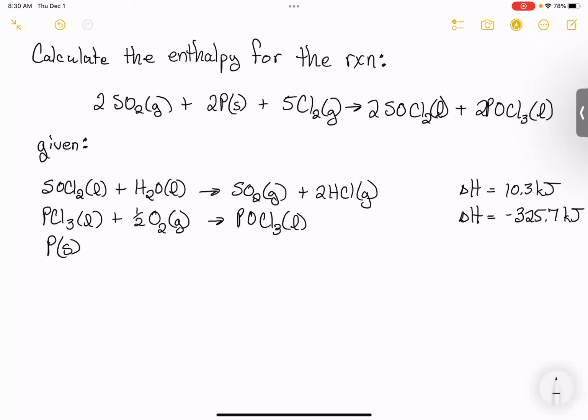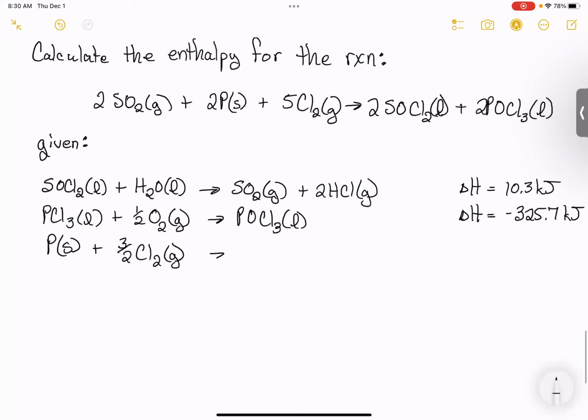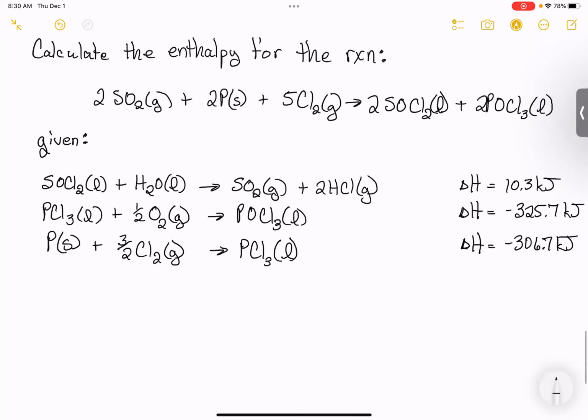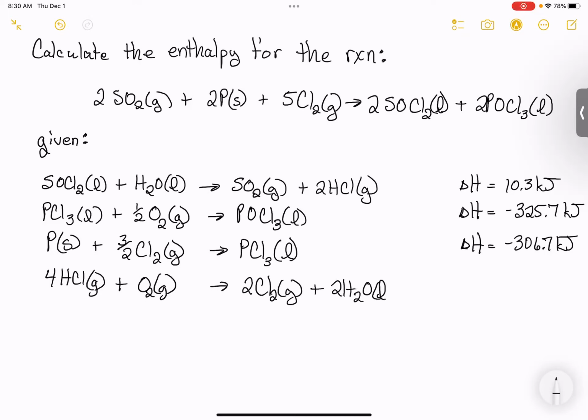P solid plus 3/2 Cl2 gas goes to make PCl3 liquid with an enthalpy of negative 306.7 kilojoules, and 4 HCl gas plus O2 gas goes to make 2 Cl2 gas plus 2 H2O liquid with an enthalpy of negative 202.6 kilojoules.